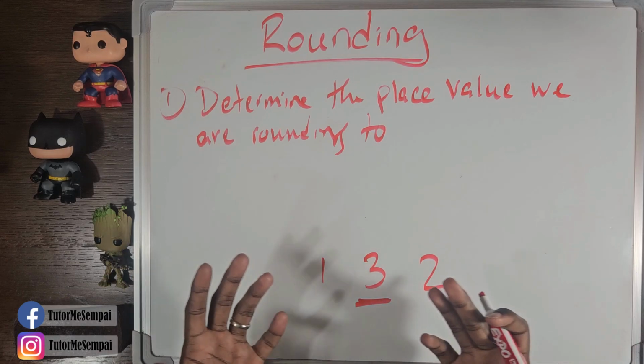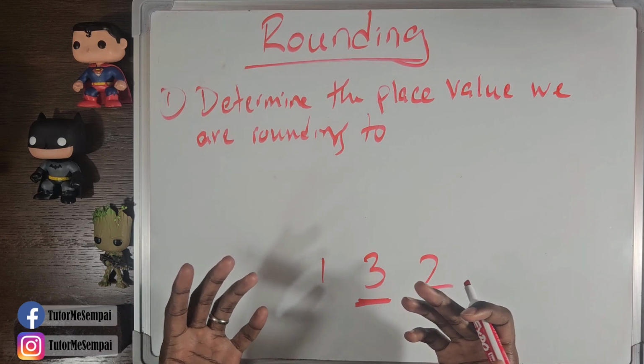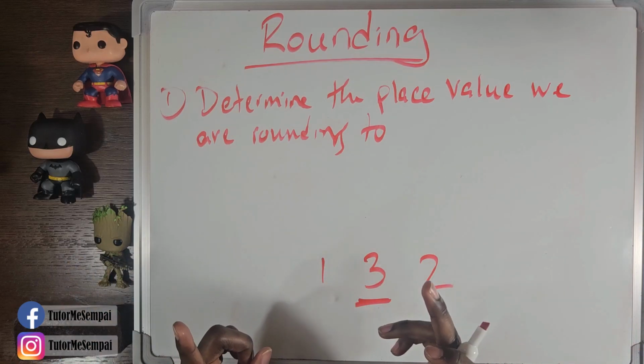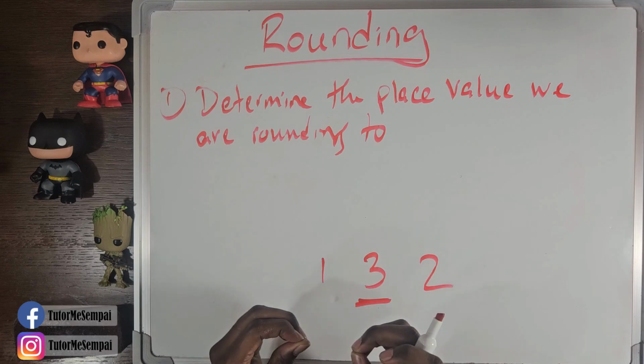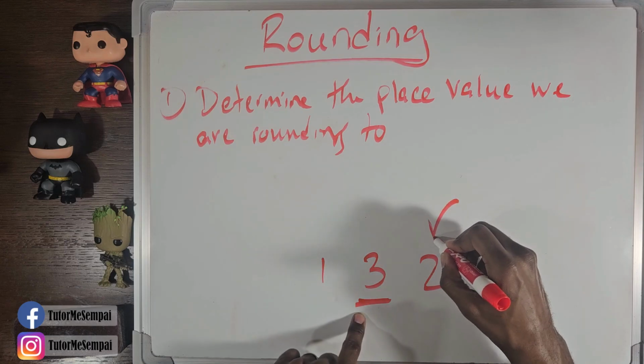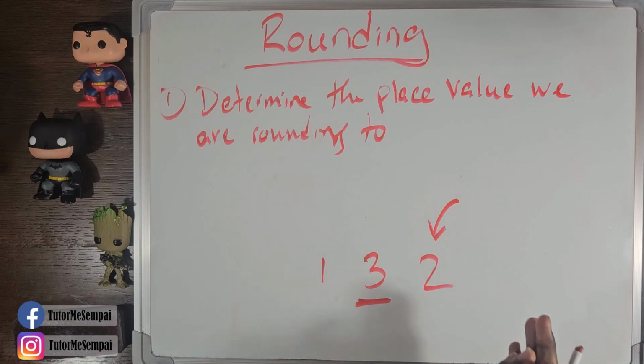What do I mean by rounding? Well, we're going to either round this up or down, and that's going to be dependent upon the place value to the right. So if we're rounding to the nearest 10, we have to look at the place value immediately to the right.